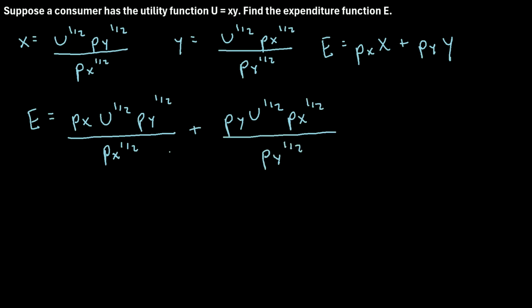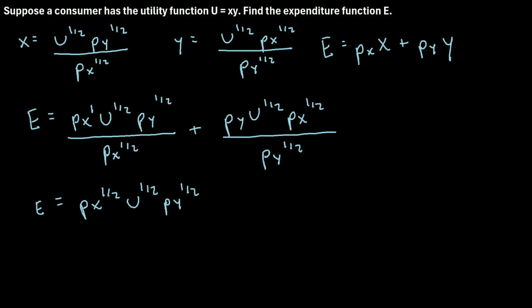Now we can simplify this a little bit by recognizing that this price of x right here has an exponent of 1. So according to our exponent rules, when we have a price of x to the first power in the numerator and the price of x to the 1/2 in the denominator, we can just subtract the exponent. So we'll do 1 minus 1/2. So we'll be left with e is equal to the price of x to the 1/2, and then we'll have u to the 1/2, price of y to the 1/2.